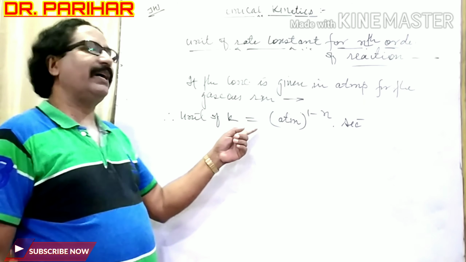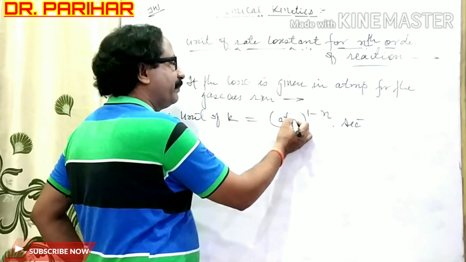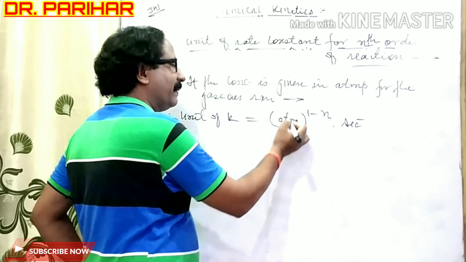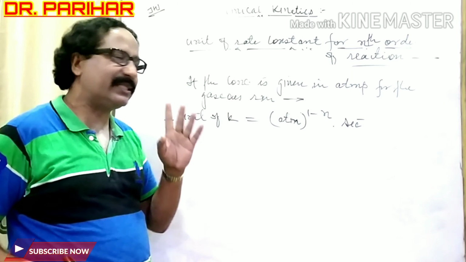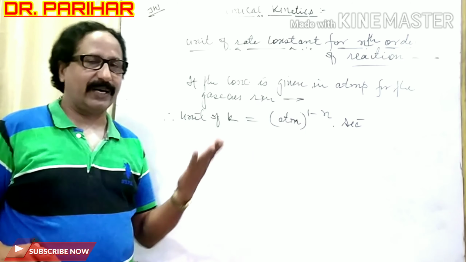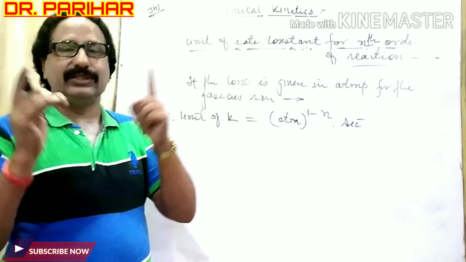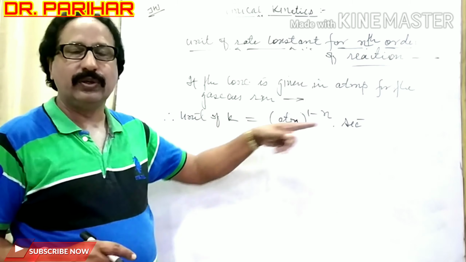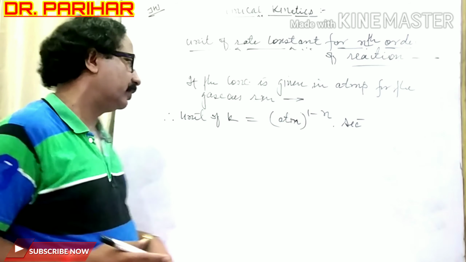It is especially for those chemical reactions in which the concentration is given in terms of pressure. Pressure is given as a concentration and whose unit is taken in atmosphere. Then we have to use this formula. And applying this formula, we can find out the unit for zero order reaction n is equal to 0, first order reaction n is equal to 1, second order reaction n is equal to 2. Okay?